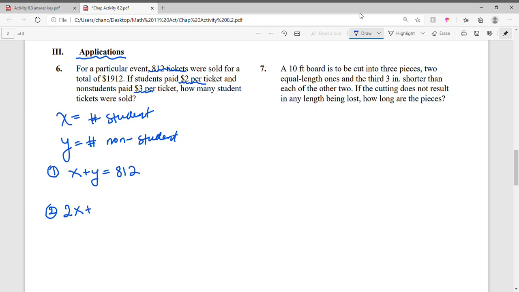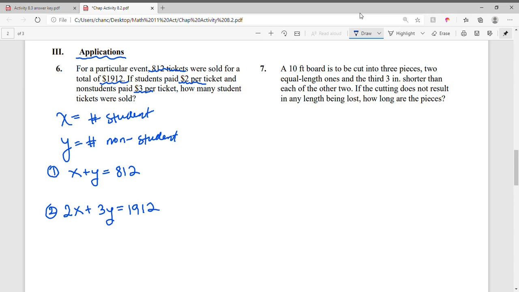And then we'll add 3 times y, which is $3 sold to non-students. So we can add 2x plus 3y, and that should add up to 1,912. The money generated from students plus the money generated from non-students has to add up to $1,912.